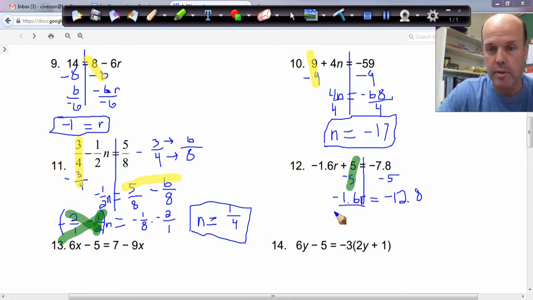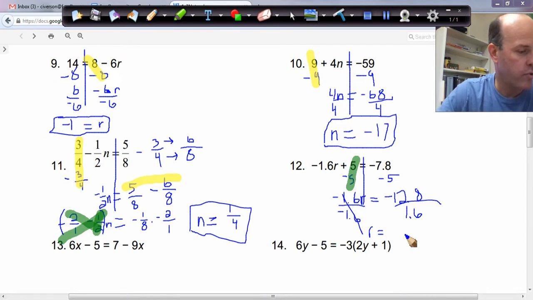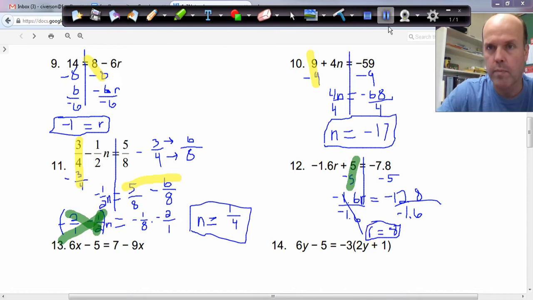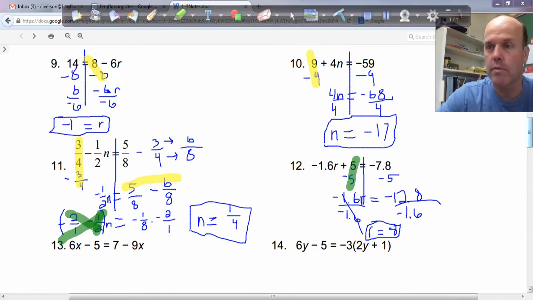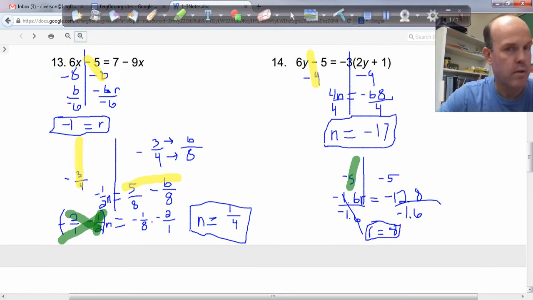And when I divide both sides by 1.6, those cancel, and I get r is equal to, it's a negative, so 8. Okay, r equals 8.